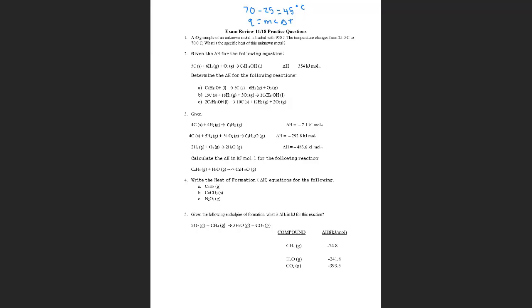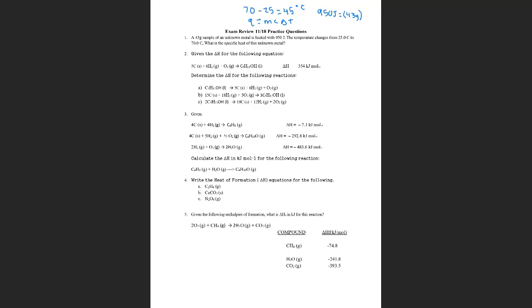950. So Q is where you put the energy, and the Q units are going to be in joules, which is already given to you. So we're going to do 950 joules equals, and then what are we going to plug in for the m? 43 grams.